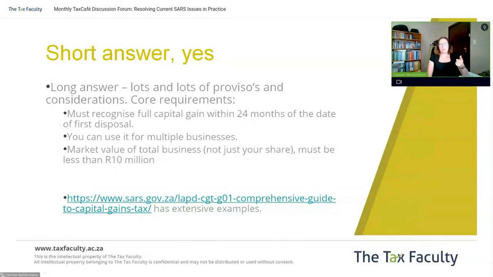Because if you're a 10% shareholder in a company and that company is worth 20 million, sure, my 10% stake is way below the 10 million. But when I'm measuring my 10 million here for the purposes of Para 57, I don't look at what my shares are worth. I look at what the total business I've invested in is worth.